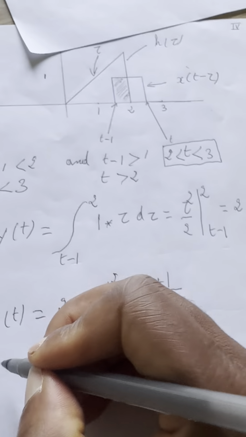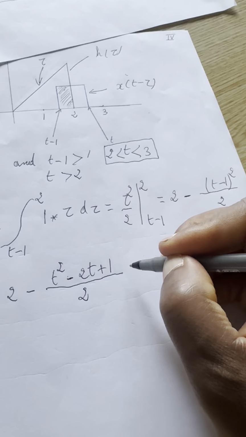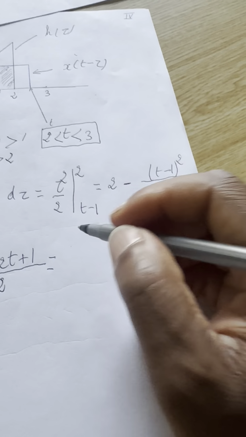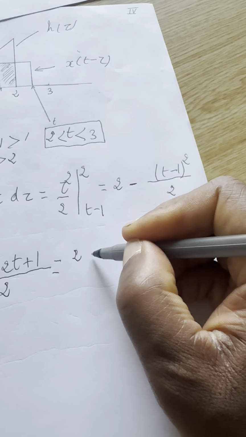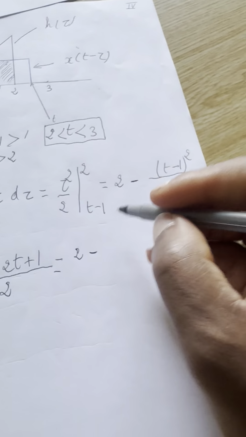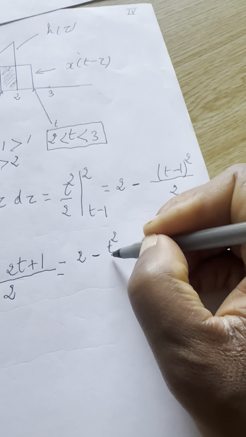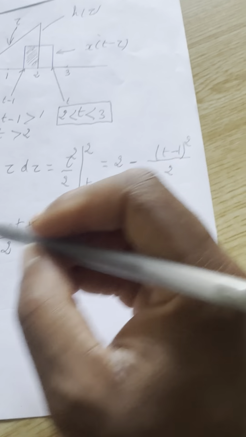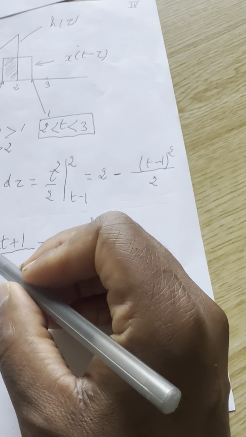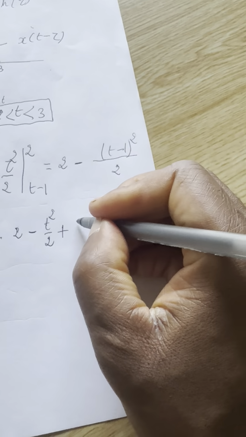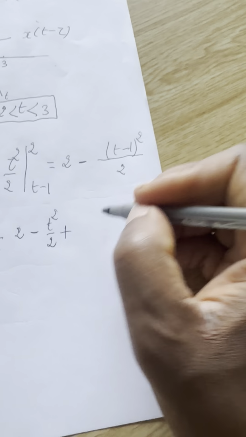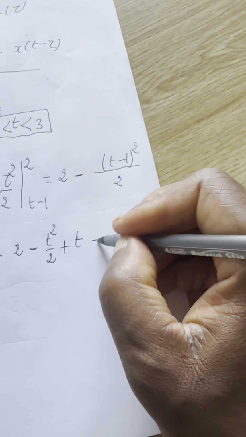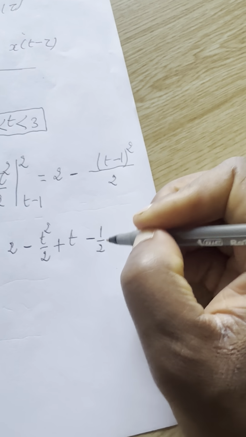We have here 2 minus t squared by 2. Here we have minus times minus is plus, 2t by 2 is t, minus 1 by 2.